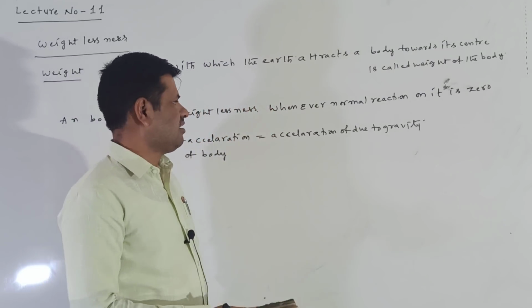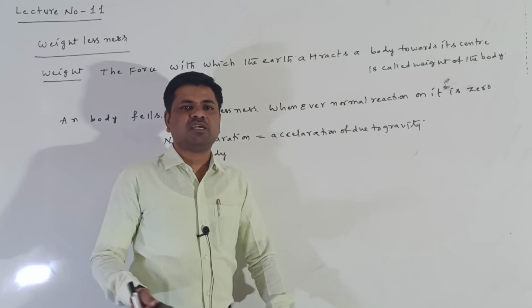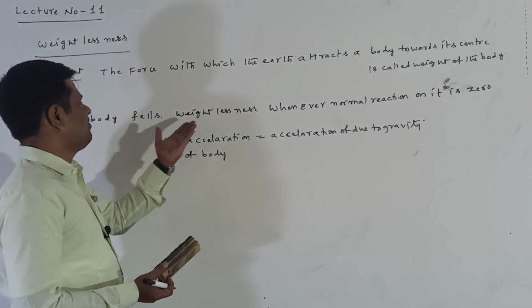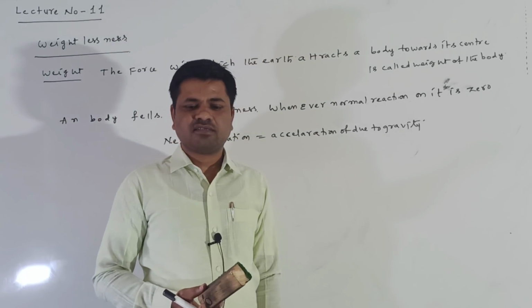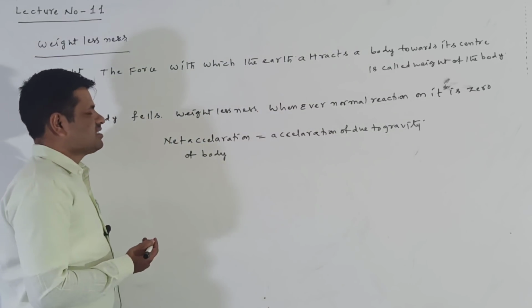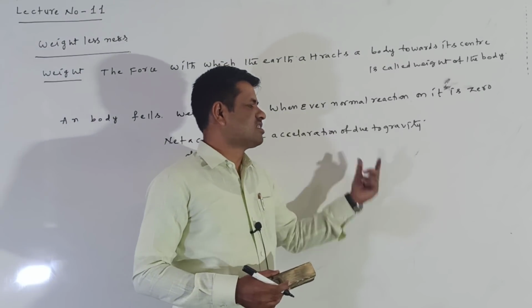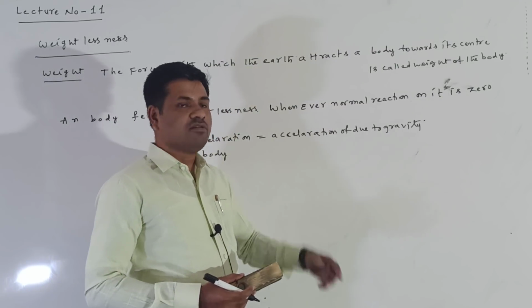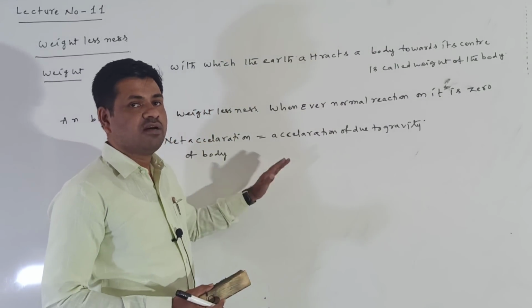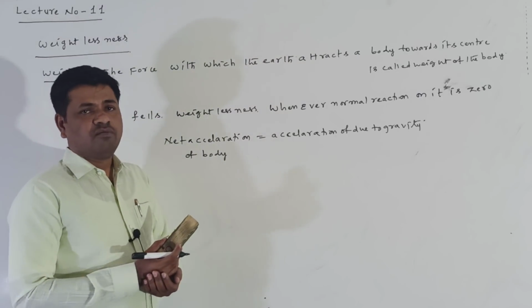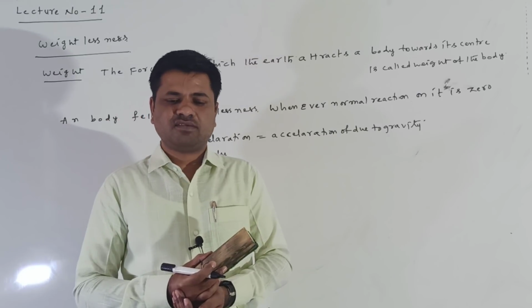When the normal reaction becomes 0, the body feels weightlessness. The net acceleration of the body is equal to the acceleration due to gravity in both magnitude and direction. Then only the normal reaction acting on the body is 0, and the body feels weightlessness.